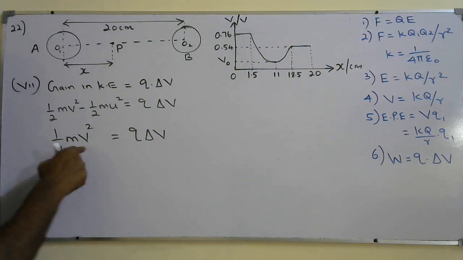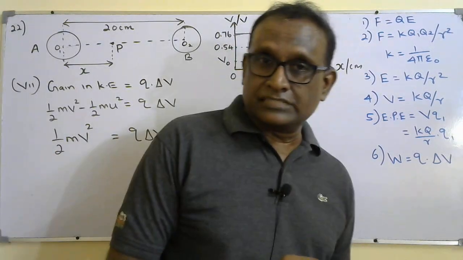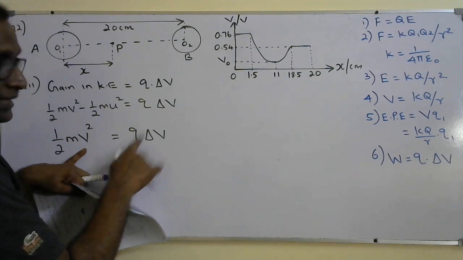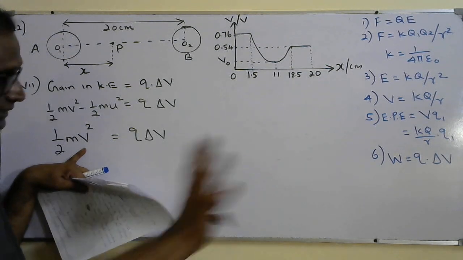Right, now look at here. The question is, find the maximum final speed. The charge of the alpha particle is 2 times 1.6 times 10 to the power minus 19, and there is no change.